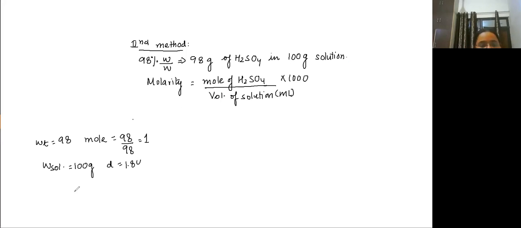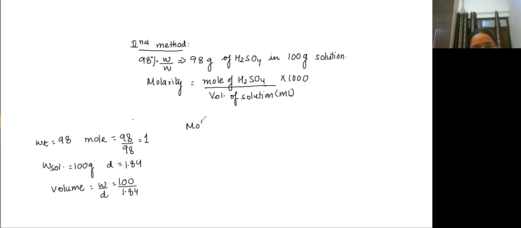So what will be the volume? Weight by density, that is 100 divided by 1.84.